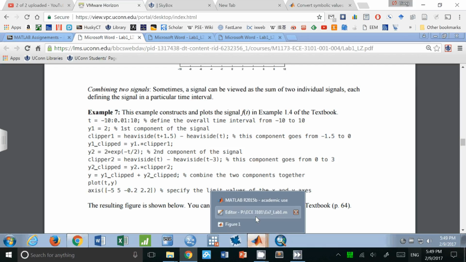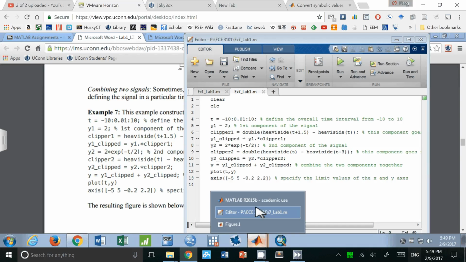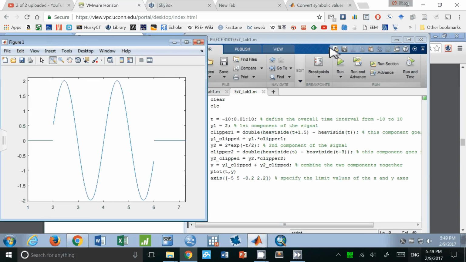And remember this glitch about the Heaviside, so I have to have double and double here, and this is another place, double and double. So I save these changes, place the figure on this side so I can see it being modified.